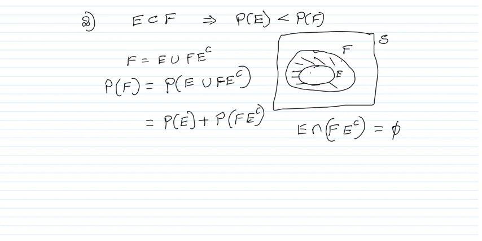Now you see the chance of happening of F is equal to the chance of happening of E plus extra. From this, can I directly conclude that P of F should be greater than or equal to P of E?